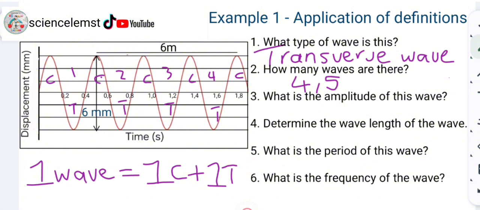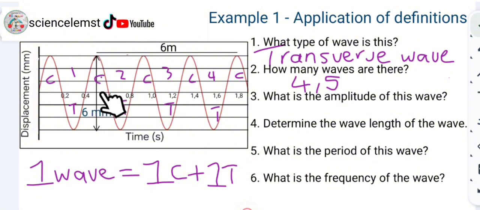Number 3, what is the amplitude of this wave? So if you look at the diagram, they gave you a height from the top to the bottom and they say it's 6 millimeters. Do you still remember what amplitude is? It is the maximum displacement of particles from the rest position. So from this line going up there, I get amplitude.